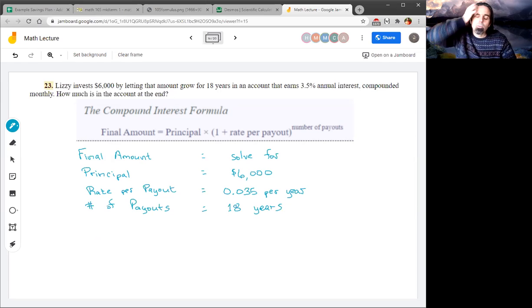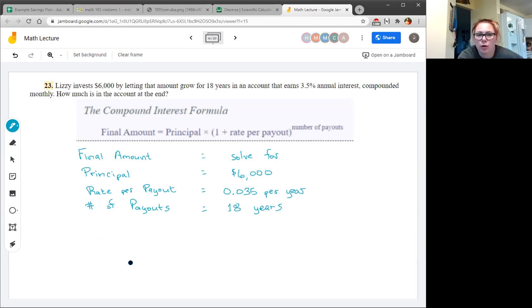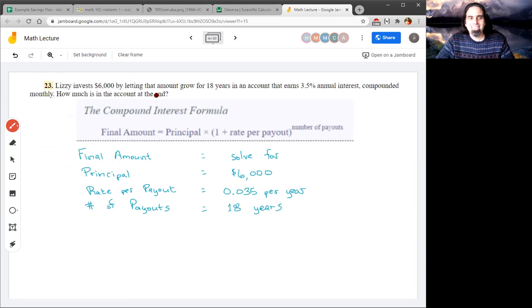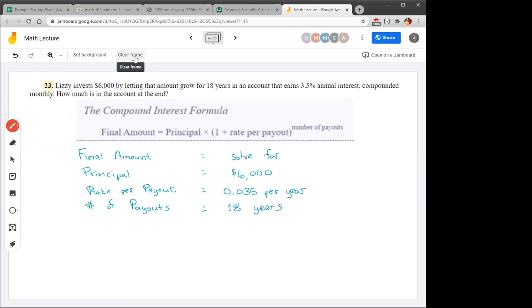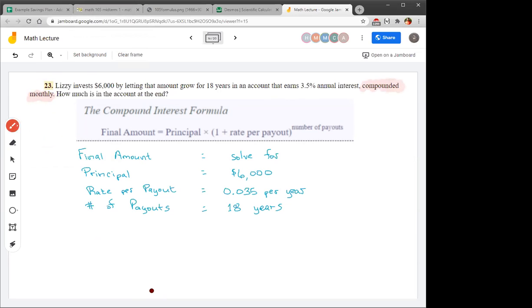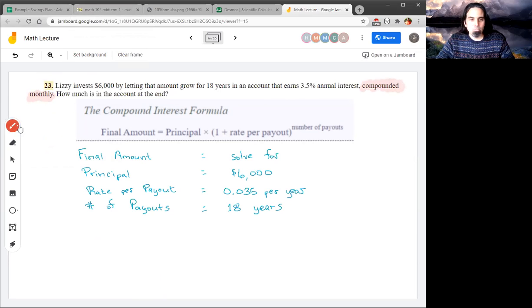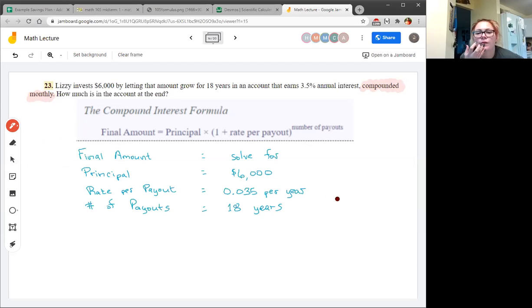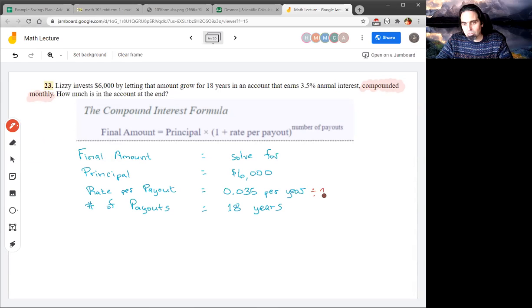Okay, am I ready to plug things in? No, I'm sorry. What do I need to do? Are we going to do something to the number of payouts? Yeah, it's compounded monthly. So we don't pay 3.5% each time. That's over the whole year. Divide that by 12. So I have to share that among my 12 months.